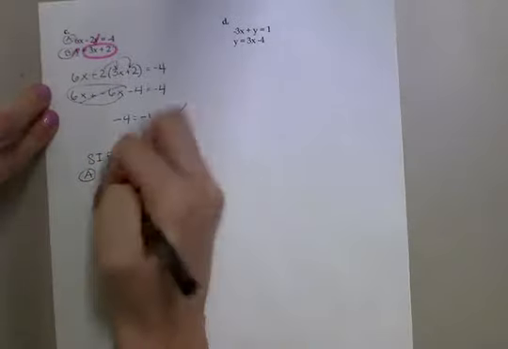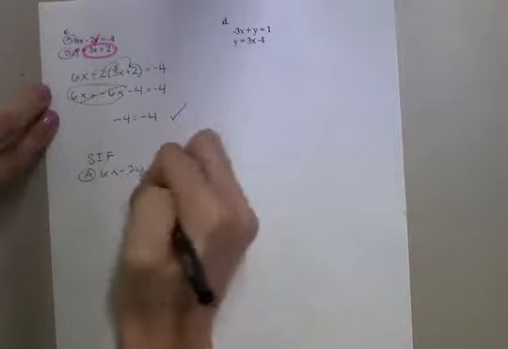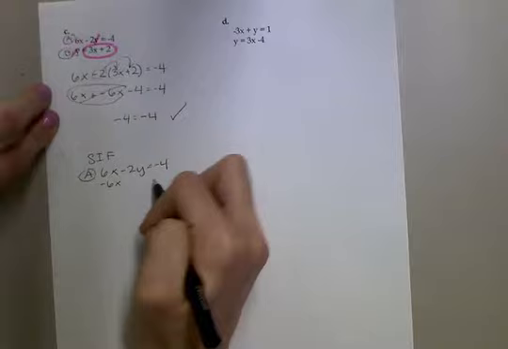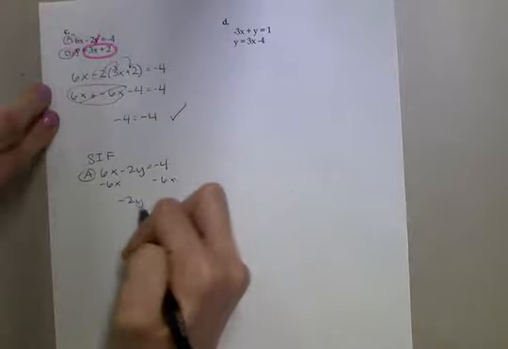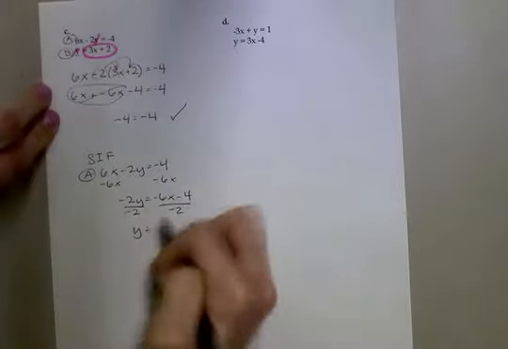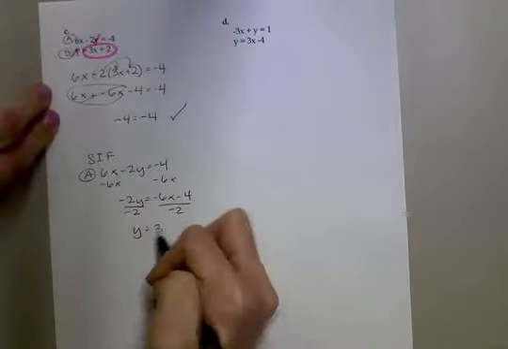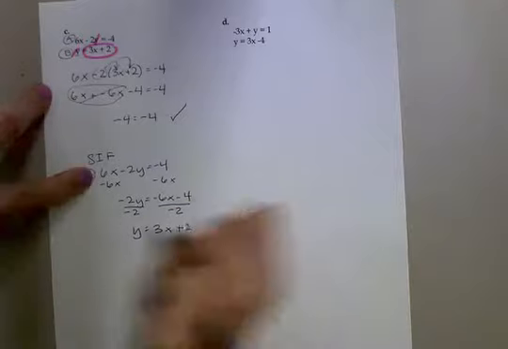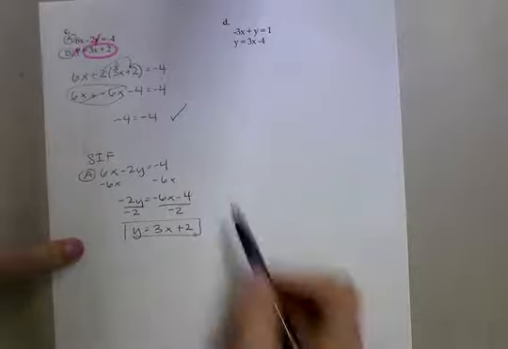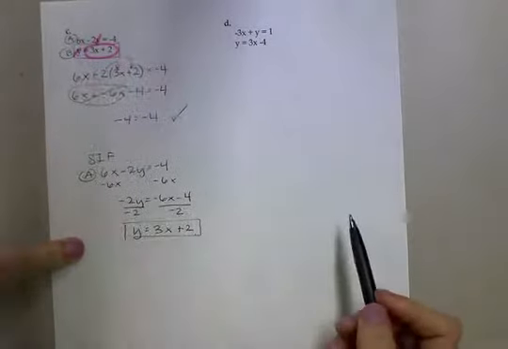So we're starting with 6x minus 2y equals negative 4. Let's get that y by itself. You end up with 3x plus 2. And look at that. So our first equation is exactly the same as our second equation.